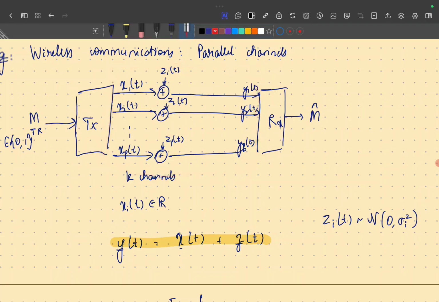But there are many other scenarios as well. Even our cell phones use an algorithm called OFDM, orthogonal frequency division multiplexing, wherein what you have is not this kind of channel, but with some pre-processing and post-processing, you can reduce it to a system of parallel channels with unequal noise variances.